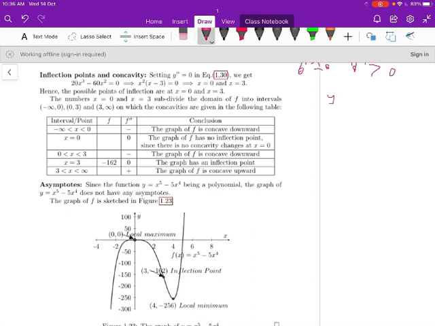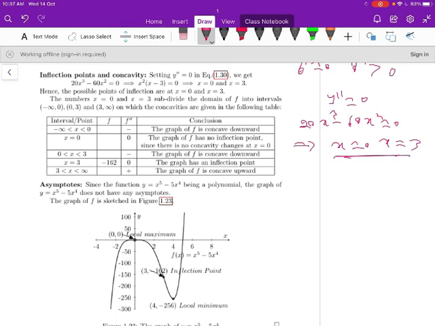So setting y double dash equal to 0 in equation 1.30, we get 20x cubed minus 60x squared equal to 0. So this implies x is equal to 0 and x is equal to 3. At these points one can see the point of inflection, if they exist.